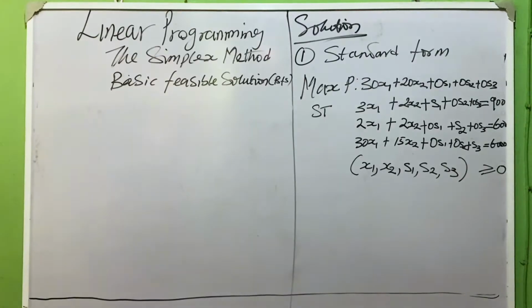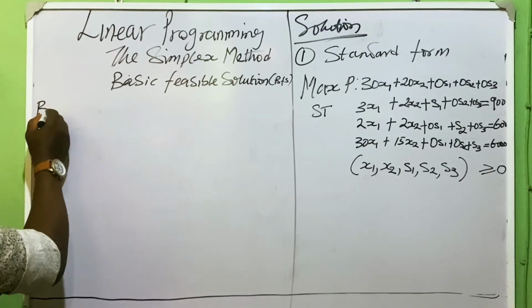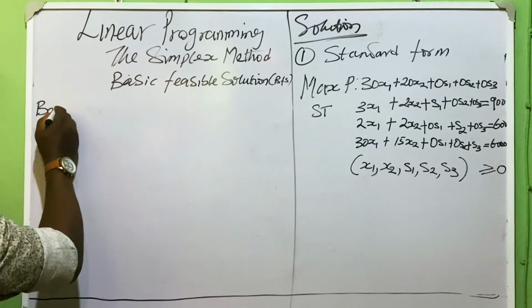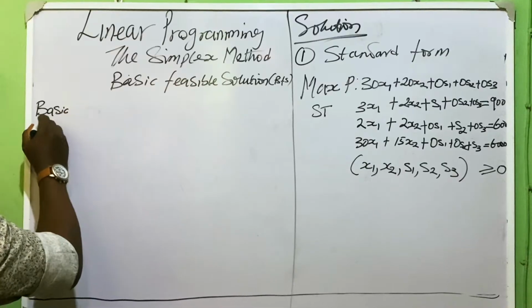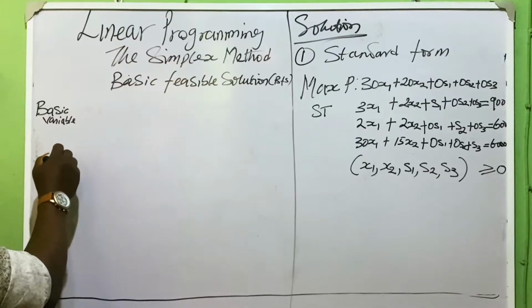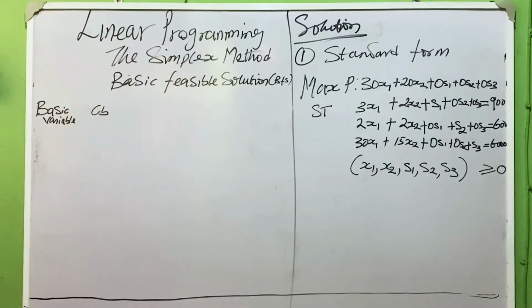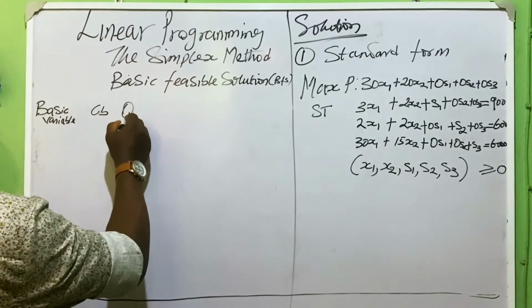For our basic feasible solution, which we've mentioned earlier is more like a point of zero production, it is not expected to be optimal. So what do we have? The components are simple. We have our basis or basic variable. We have our contribution represented by CB. We have our quantity column.